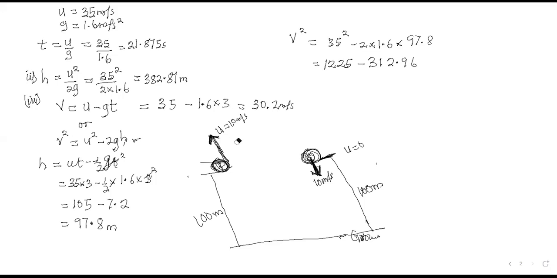Take the acceleration of both to be 9.8. So g of P, take 9.8 meters per second squared, and then a of Q to also be 9.8 meters per second squared.